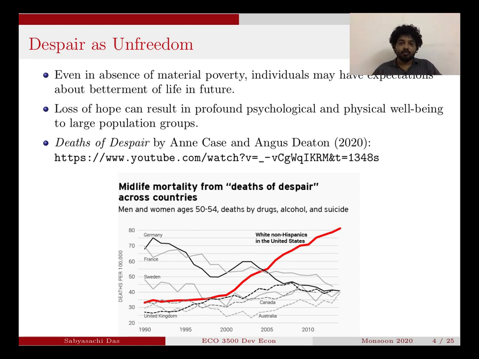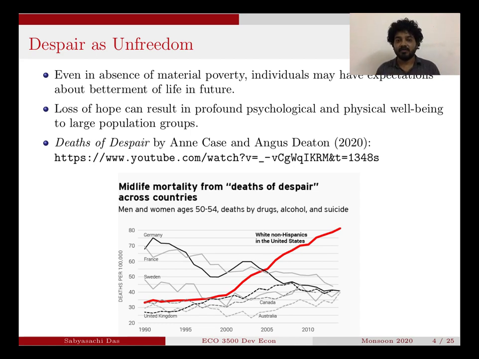So what they notice is that if they look at mortality rates of whites in the United States, so these are the relatively privileged group, right? And if they look at these middle-aged, above 50, generally speaking, whites in the United States, their mortality has started increasing dramatically after the year 2000.